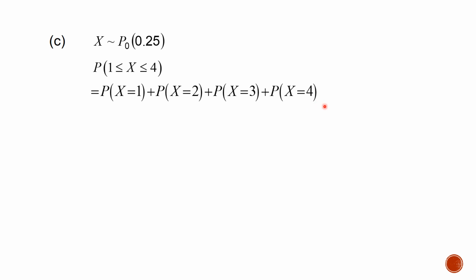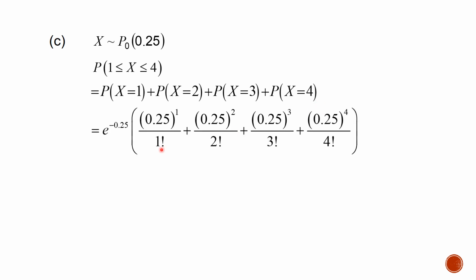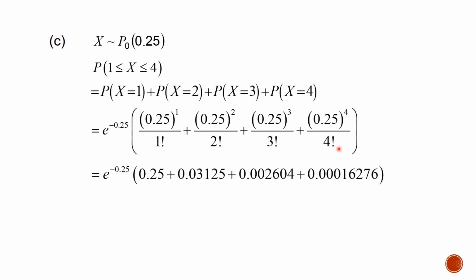So substitute into the formula and you take out the common factor, which is e to the power of negative 0.25. Okay, you calculate, you simplify, you have 0.2212, rounded off to 4 significant figures.